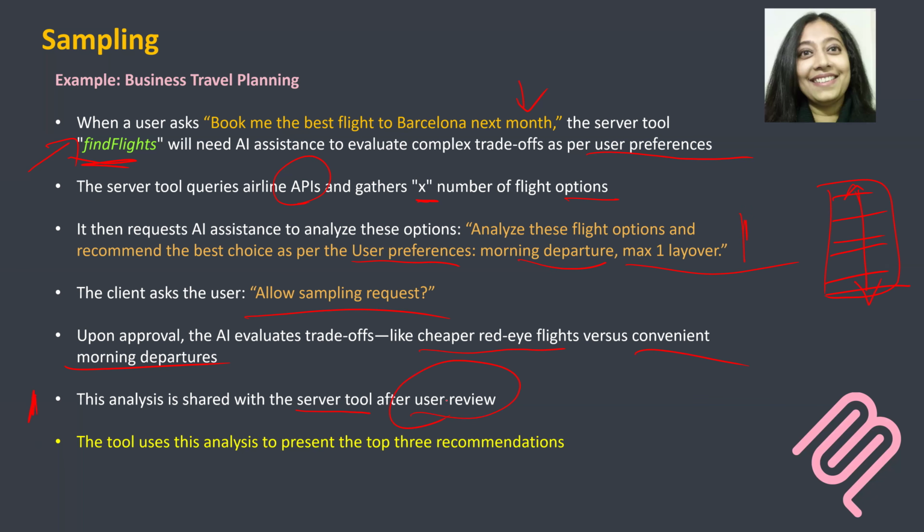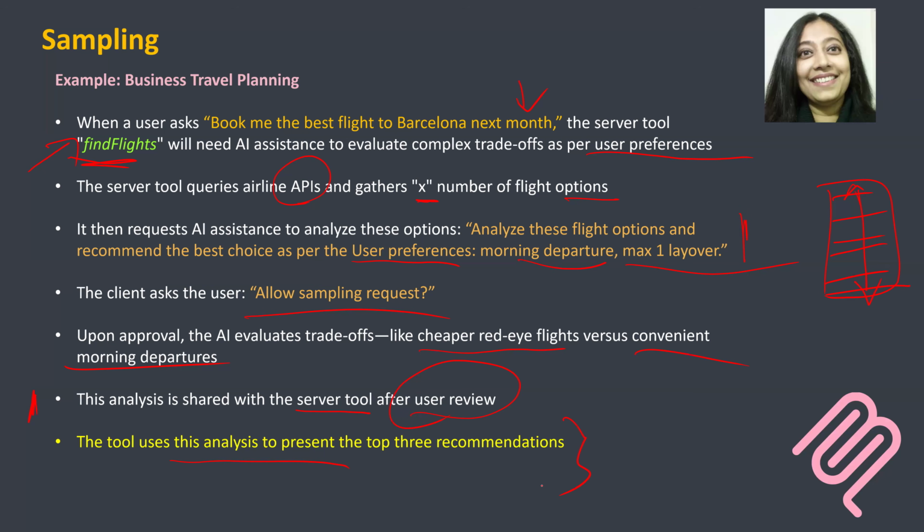And finally, the tool uses this analysis to present the top 3 recommendations. So now you see the communication between the user, the client, and the server. All 3 are communicating with each other.